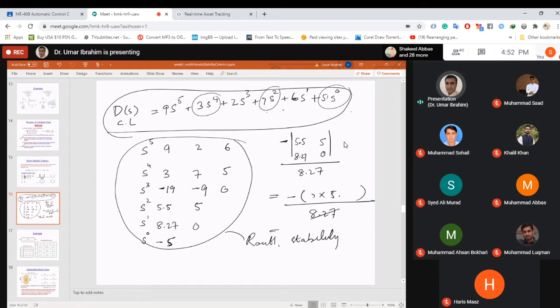Now part 3 is to interpret the Routh stability table. इसे इंटरप्रेट करना. पहले दो स्टेप्स क्लियर हैं स्टूडेंट्स?